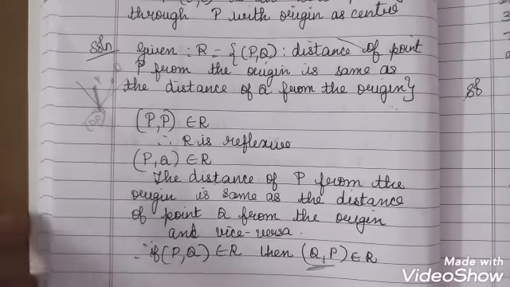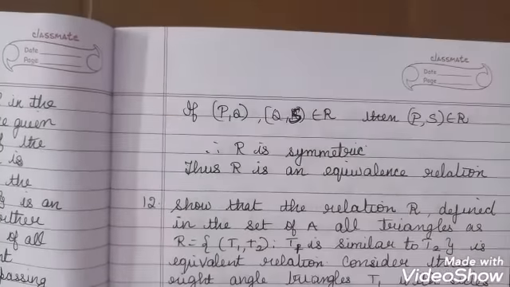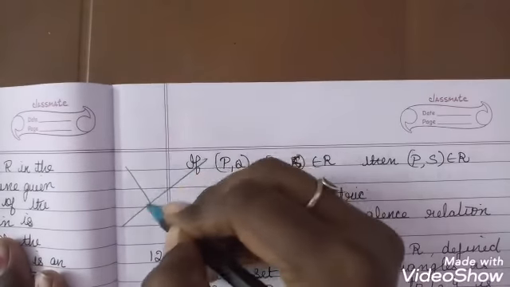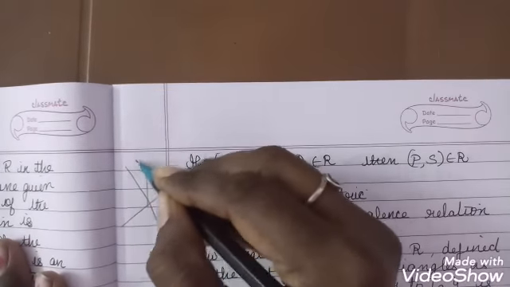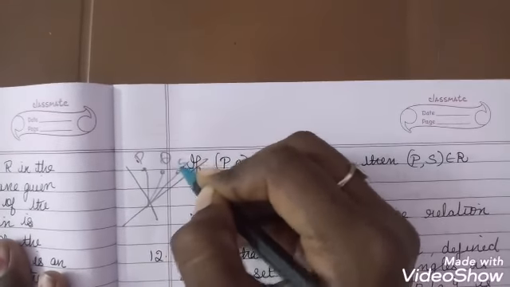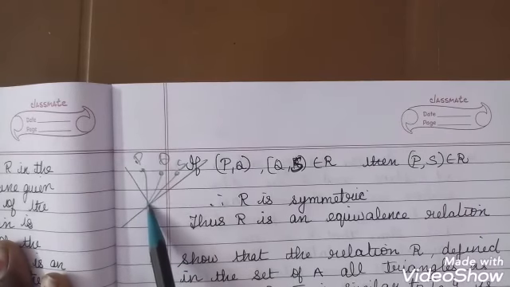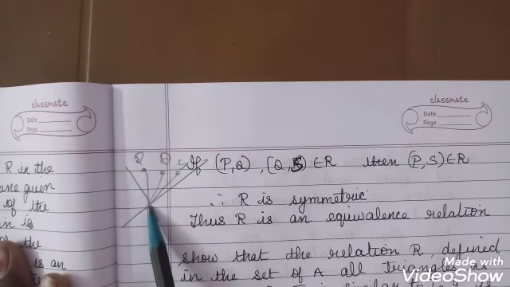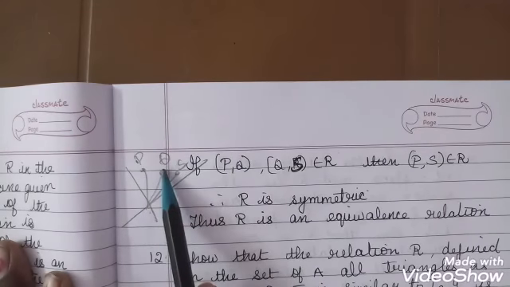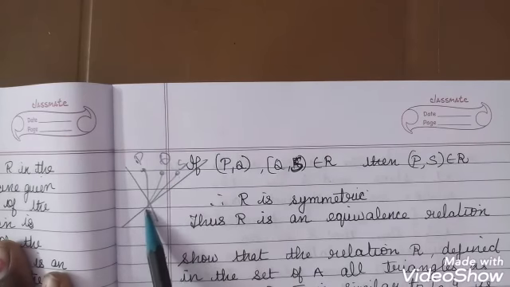Got it? The next one, transitive, we will have to show. For transitive, I take 3 points: P, the next one Q, and the next one S. I will say that the distance from P to the origin is equal to Q to the origin, and the distance from Q to the origin is equal to S to the origin.